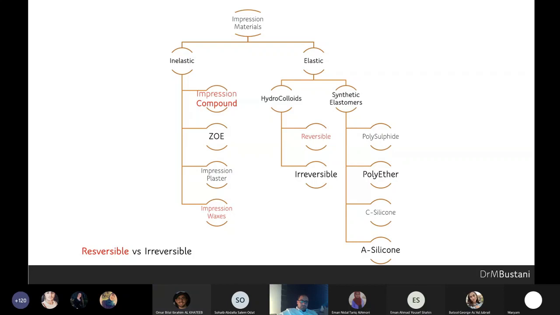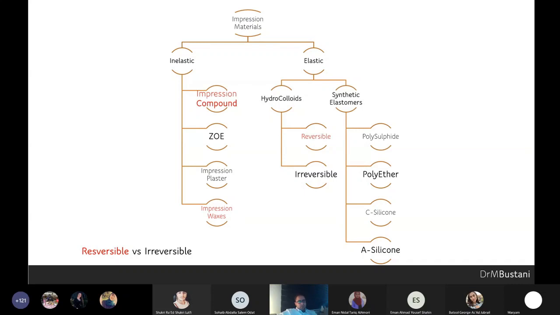So, impression materials can be classified in different ways. One of the ways is into elastic materials, which are the materials that can rebound out of an undercut without any distortion in the shape, and inelastic or rigid materials, which can't be used with undercuts.